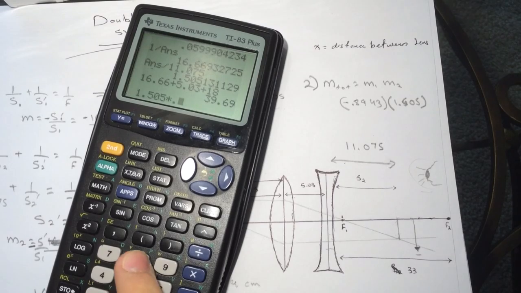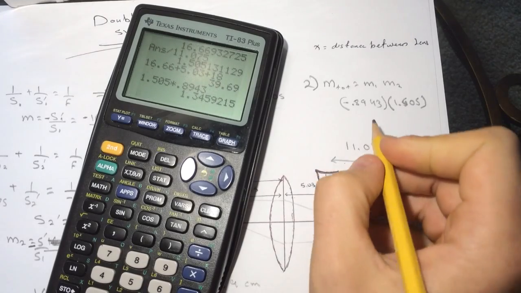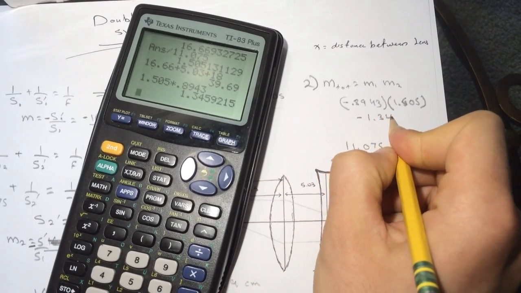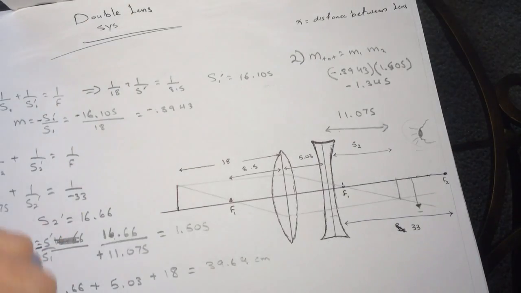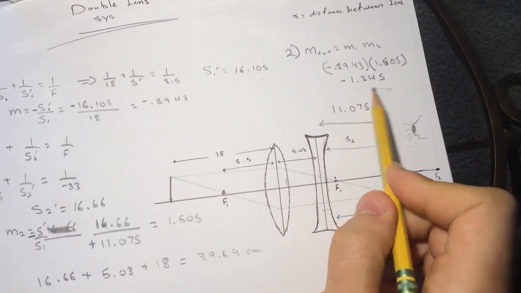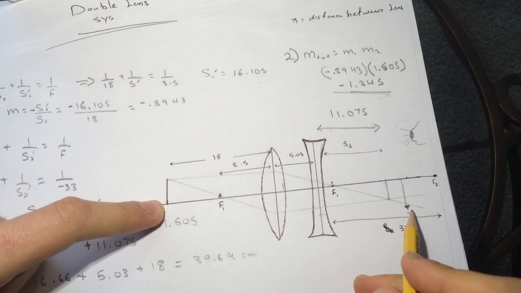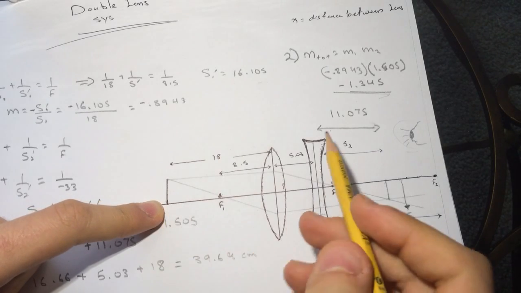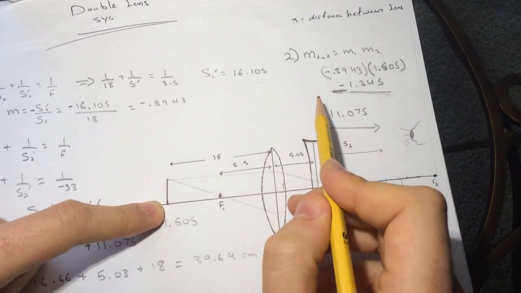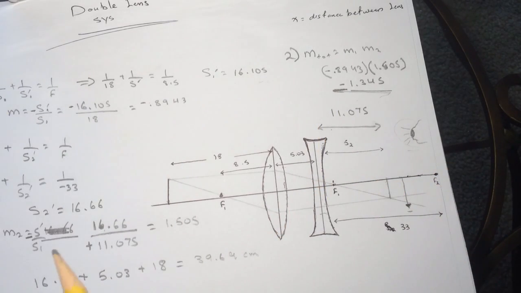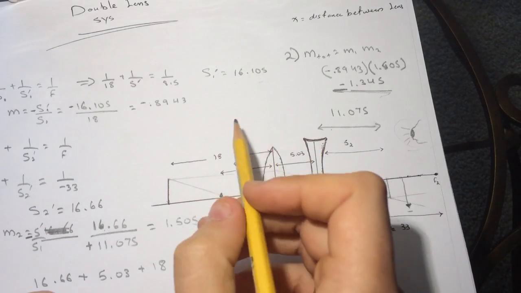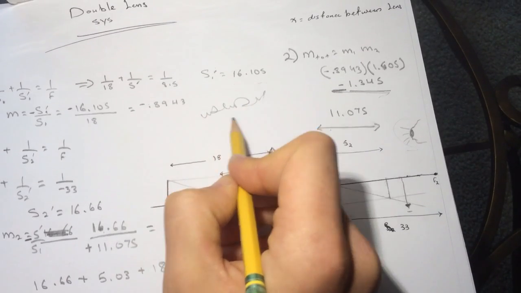So 1.505 times 0.8943, we got minus 1.345. This is telling us that the final image is inverted, negative, and it's bigger than the first object. Okay. Alright, I hope this helped, guys, and good luck.